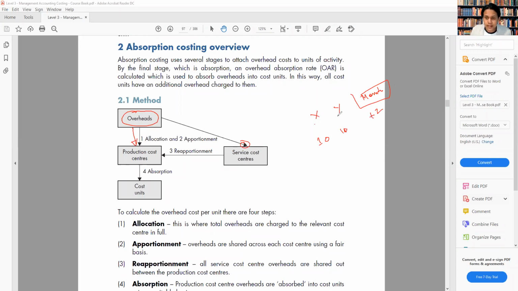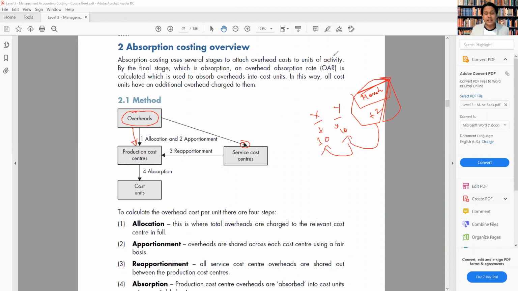X and Y sell their products, cover their costs and make some profit, but maintenance doesn't sell anything, it just has a cost. So how can they recover this cost? Later, this £2 will be split between X and Y.